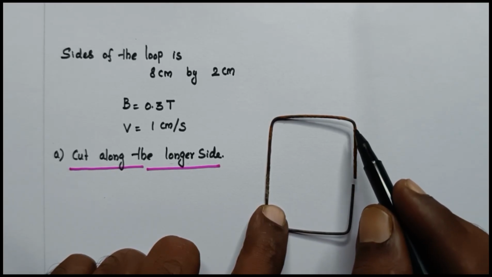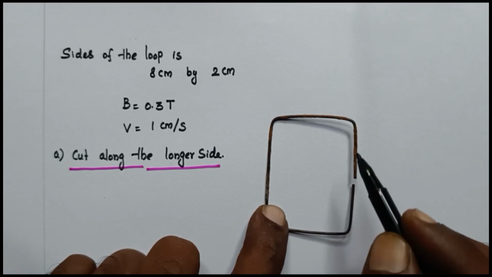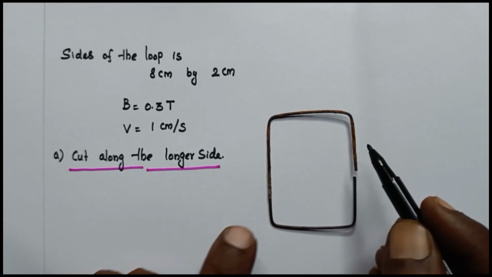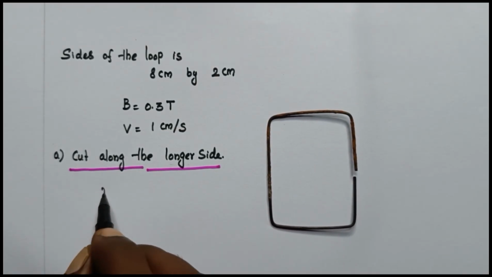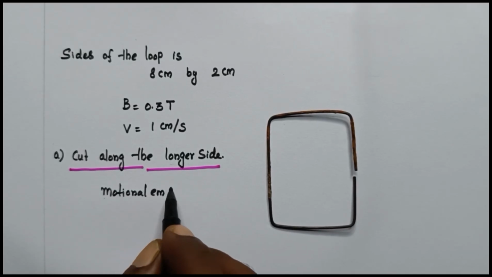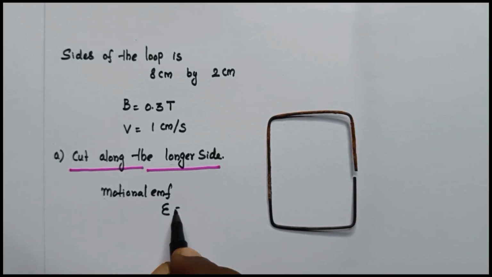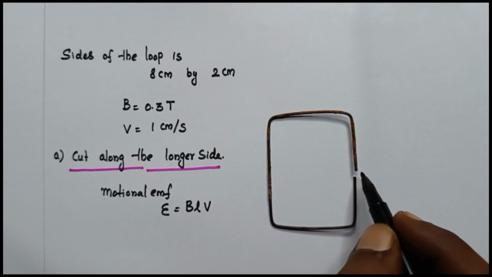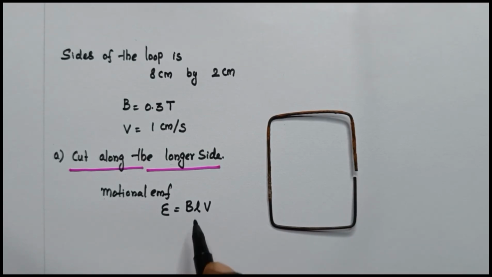Since the loop is moving in the uniform magnetic field, the EMF developed is called motional EMF. Motional EMF is given by B L V. Here B is the magnitude of the magnetic field. The cut is along the longer side. Therefore, L is 8 cm.